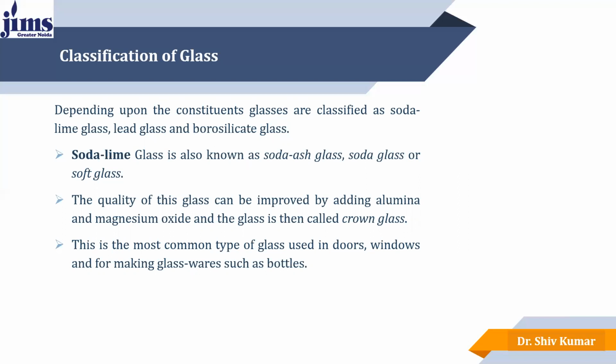The quality of this glass can be improved by adding alumina and magnesium oxide, and the glass is then called crown glass. This is the most common type of glass used in doors and windows, as I have already mentioned, and also for making glassware such as bottles, some showpieces, etc.